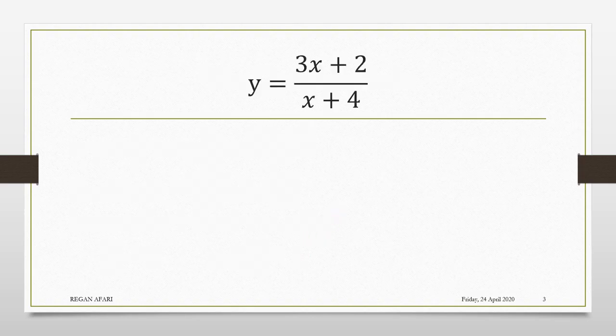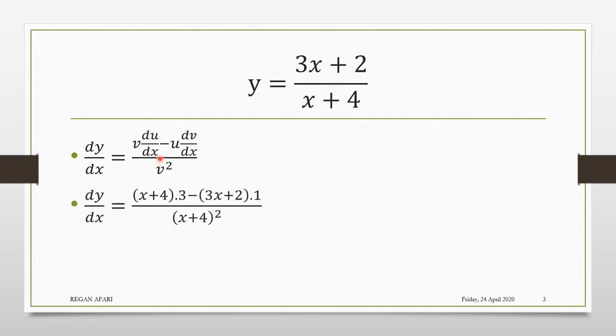Okay, so still working on this function, we quote the formula and then we substitute the values. We said that the numerator is u and the denominator is v. So we are going to keep v, so we will write the v, which is x plus 4.